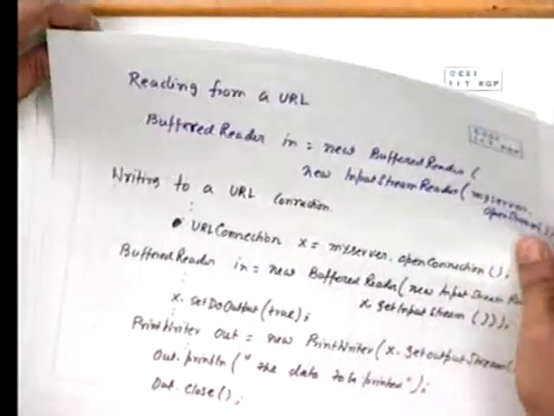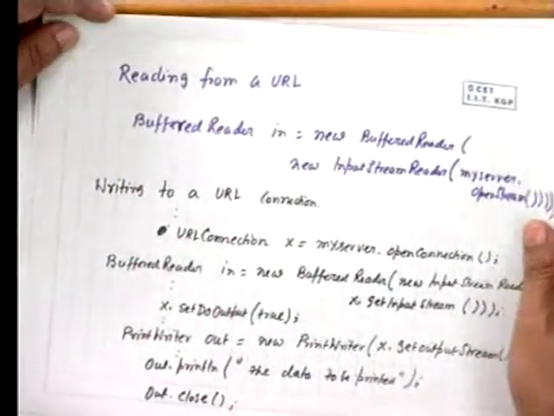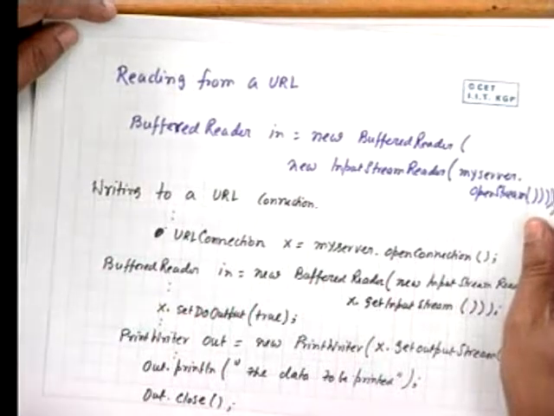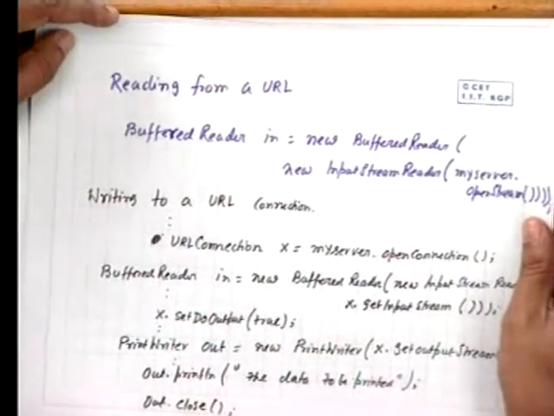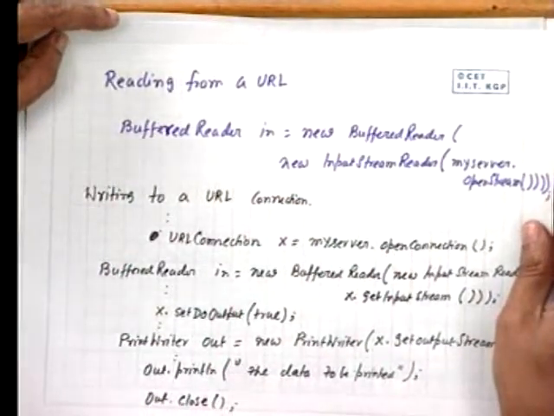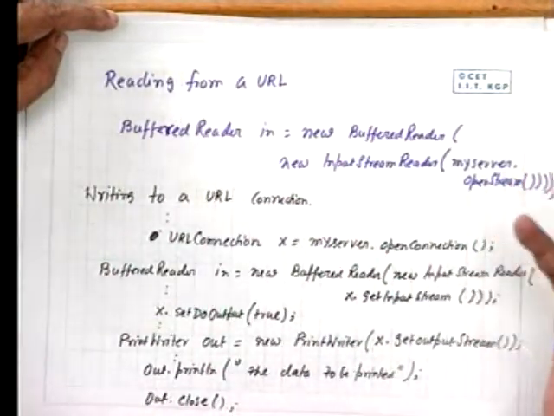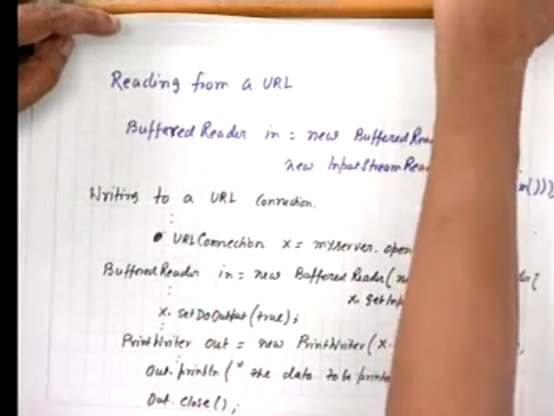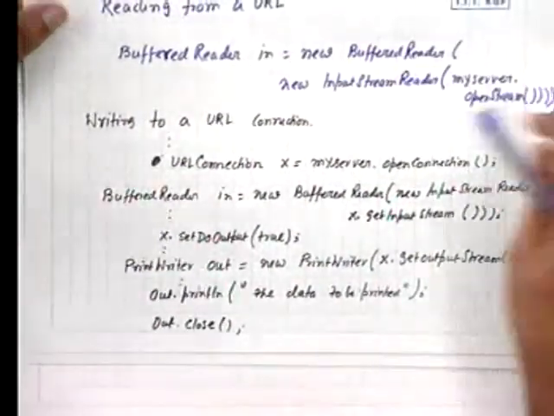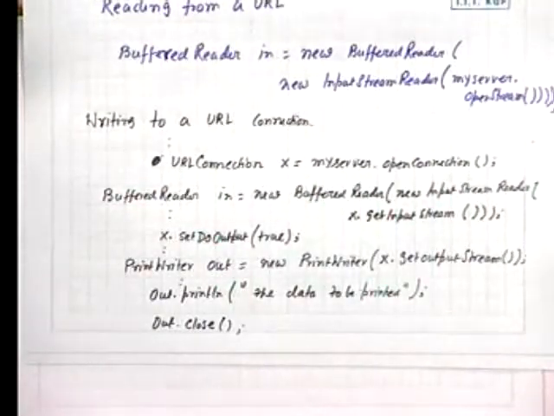So therefore, while implementing client servers, we can use the concept of URL, that is uniform resource locator, for specifying the server, and then you can read through that connection also. This is another way of reading and writing data from machines which are located at distant places in the network.